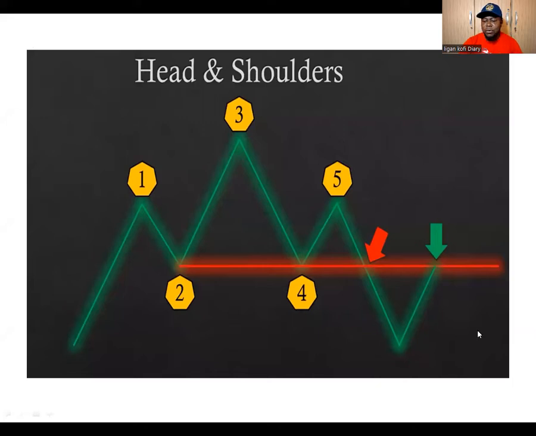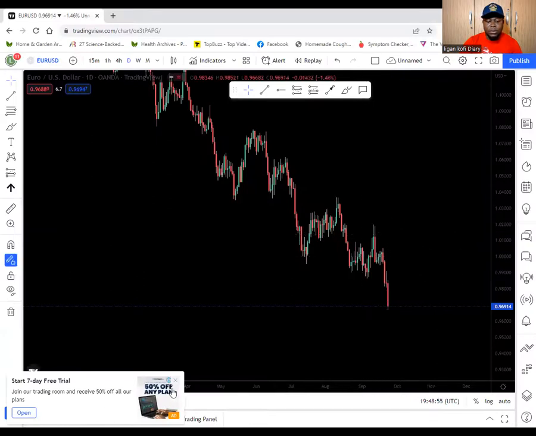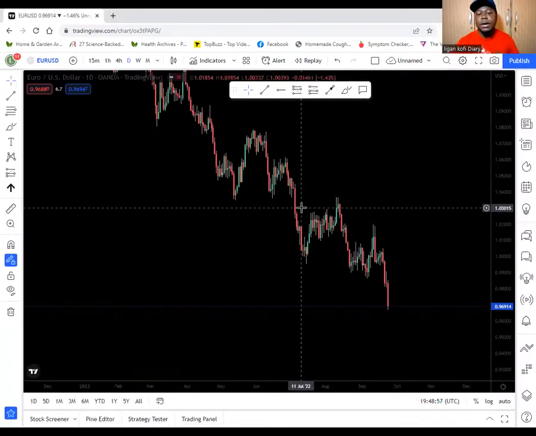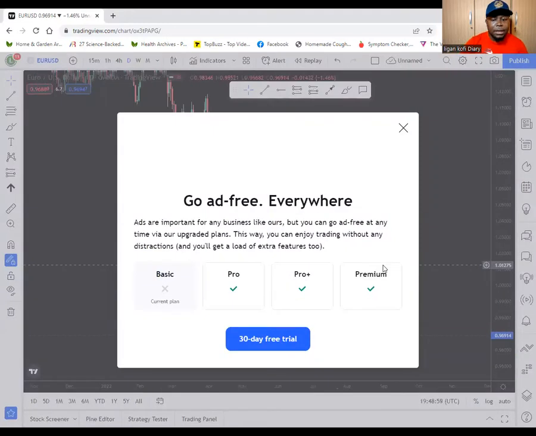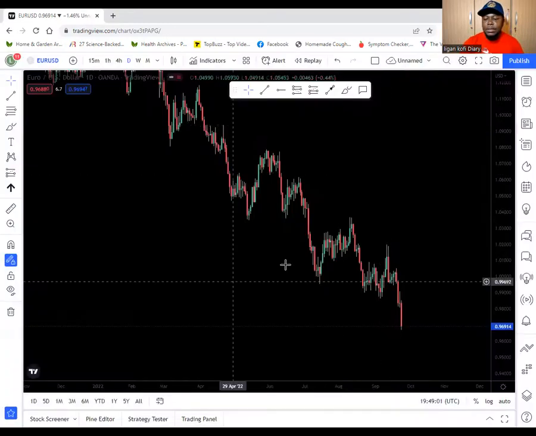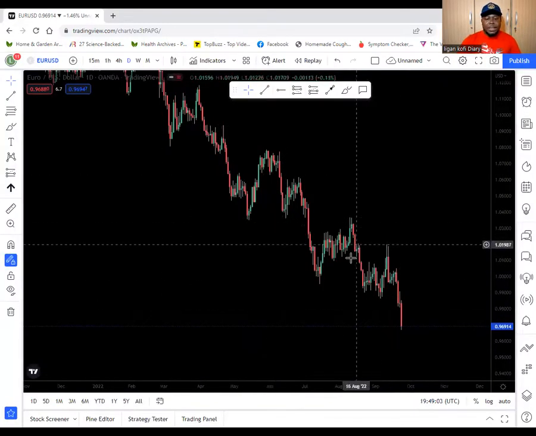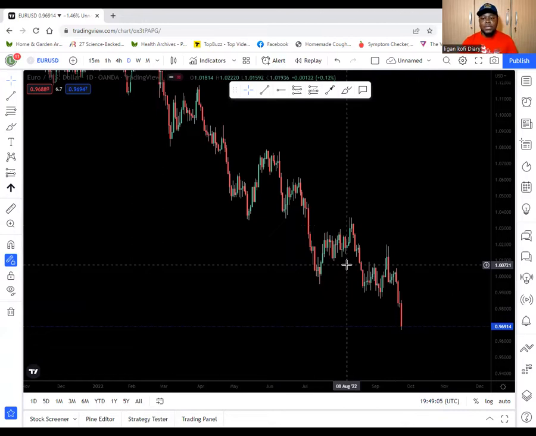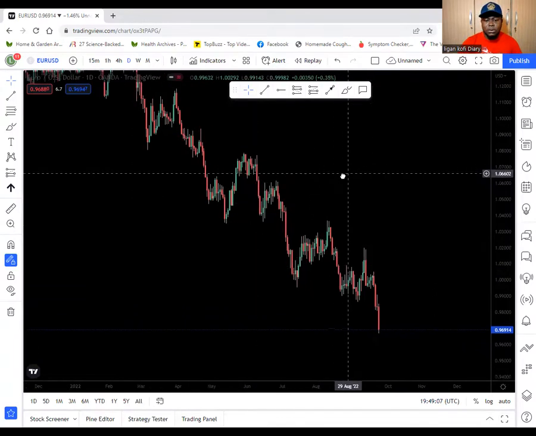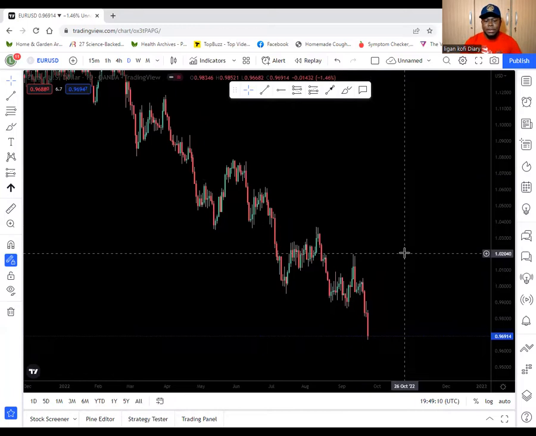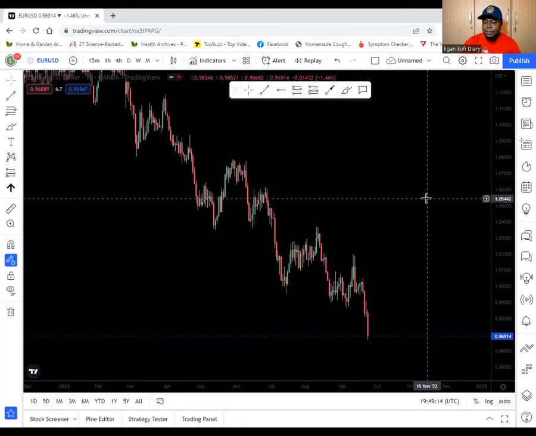Let me do TradingView because I can navigate through that one more easily. Now this is TradingView. This is on EUR/USD. Let's just use the EUR/USD, not change anything, and see if we can spot some head and shoulders pattern.